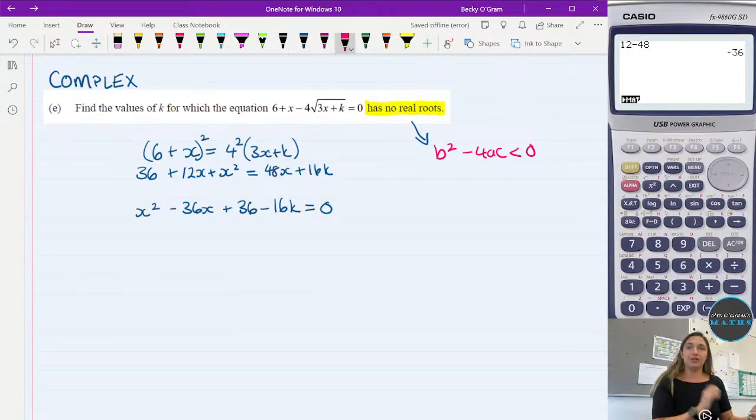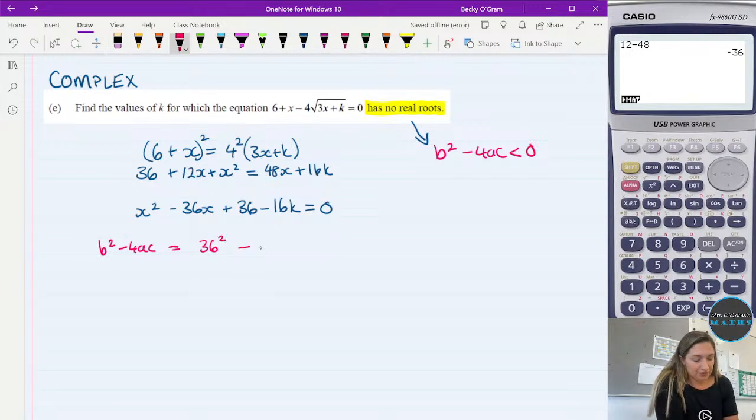Okay, so for that quadratic there, we're going to pick out the pieces that make the discriminant. So b squared minus 4ac, well, the b part is the minus 36, so we have that squared. The minus obviously will become positive when we square it. Minus 4 times a, which is 1, that's from the coefficient of the x squared just there. And the c part is anything that's constant, so it's 36 minus 16k.